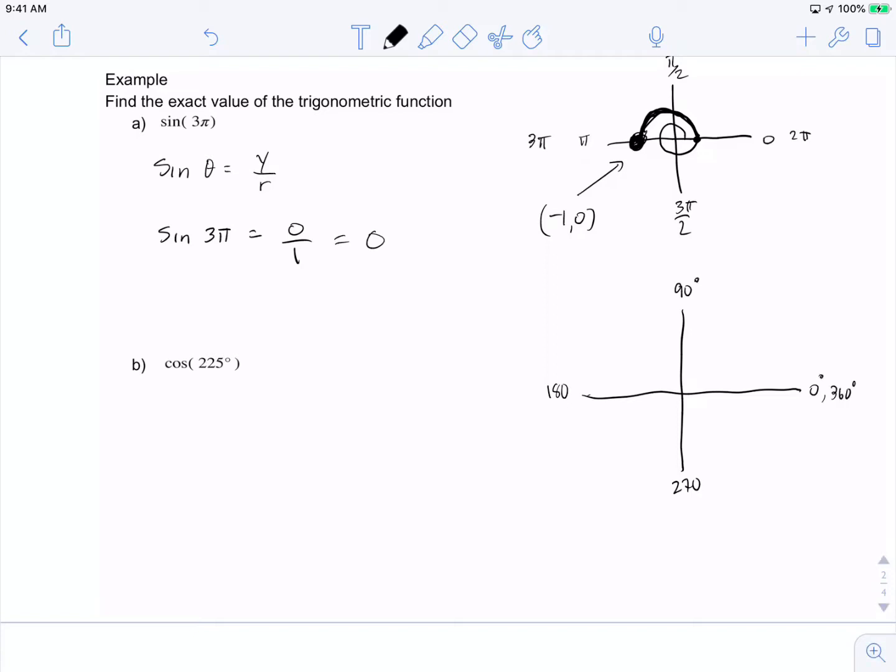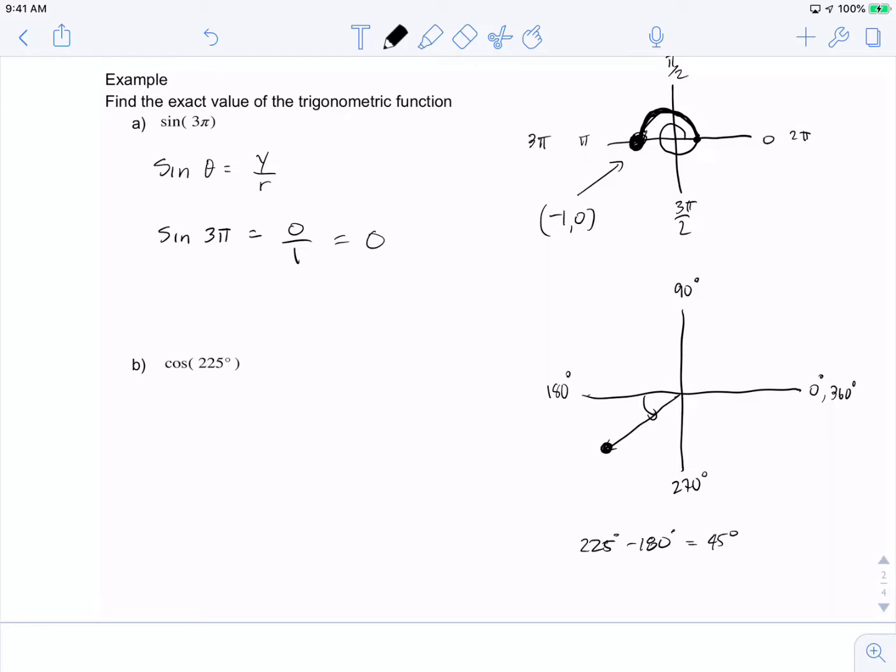Now, when we're doing this, we're going 225, so it's between 180 degrees and 270, so the way I'm going to find out where it falls, how many more degrees I need to add, I'm going to go 225 minus 180, and that's going to be 45 degrees. And the reason I'm doing that is because I need to add 45 degrees to get to this point here.